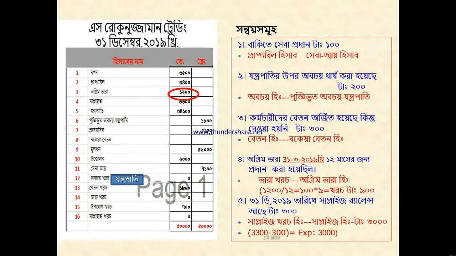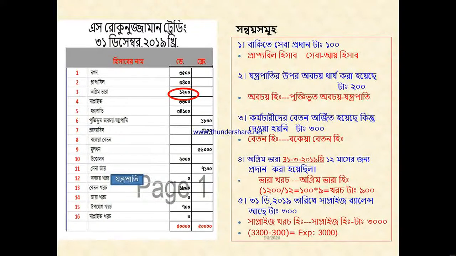So the adjusting entries will be rent expenses debit and advance rent credit. We know very well that all expenses and losses will be debit. If any assets come into the business, it will be debit. If any assets go out from the business, it will be credit.